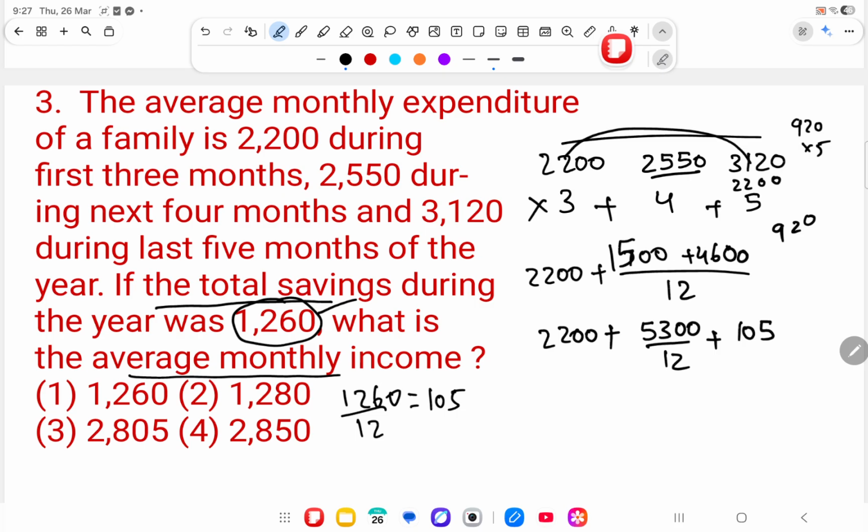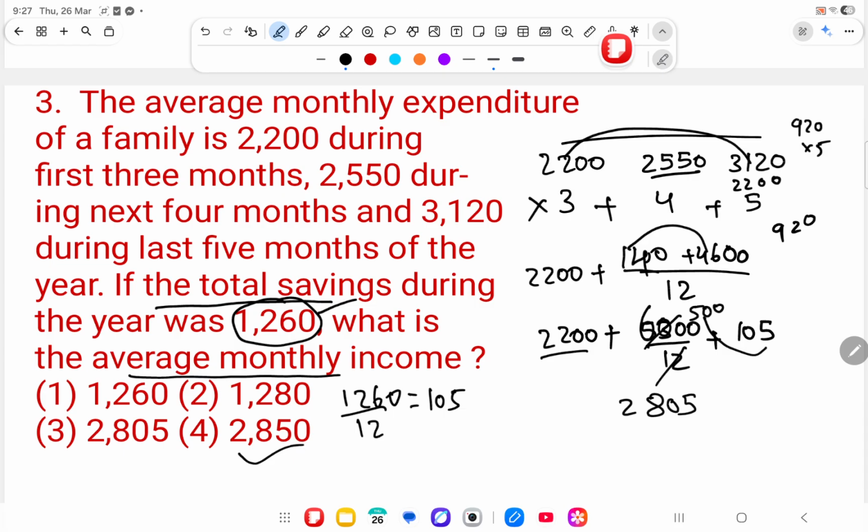Once, it is 1,500. First time double 350, 700, then if you double again, 1,400, sorry. Now 14 plus 46, so total it goes by 500. 500 plus 105, 605. 605 plus 2,200 is 2,805.